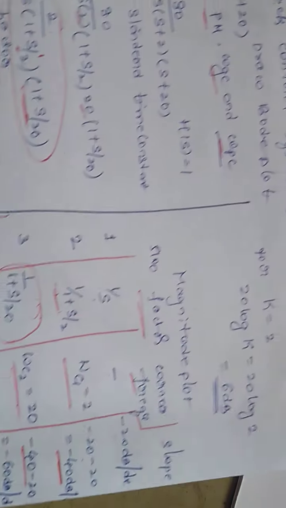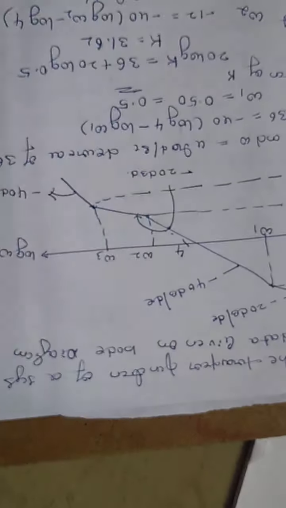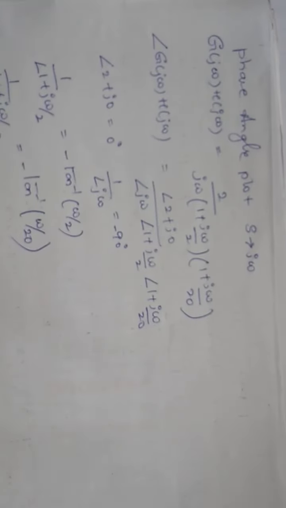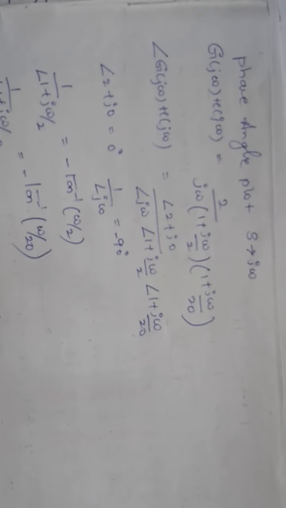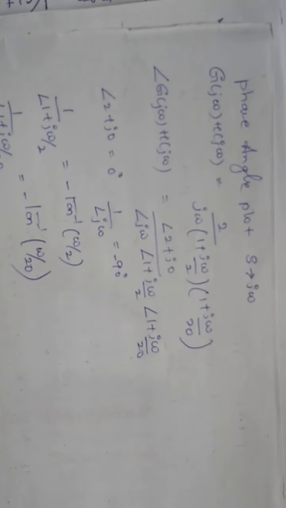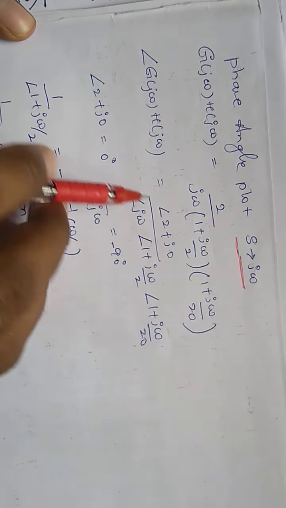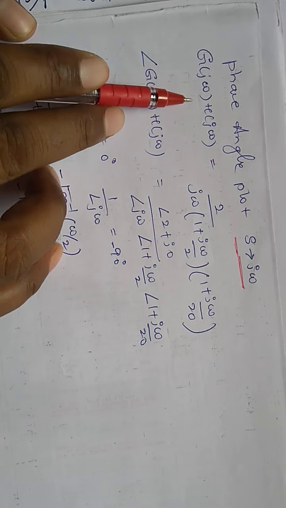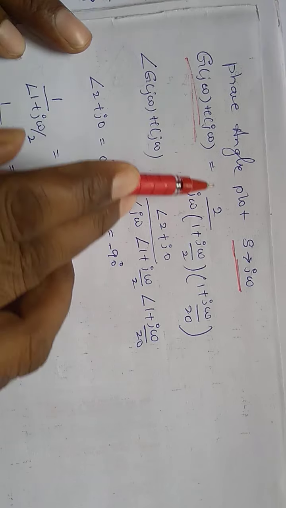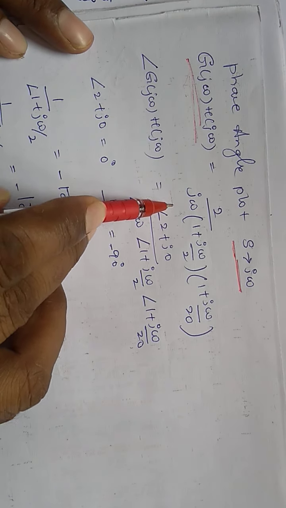Then the last step, step number 4, is to plot the phase angle plot. Replace s by j omega. Wherever s is there, you have to replace it by j omega, 2 divided by j omega.